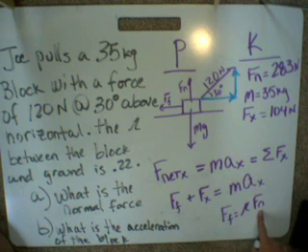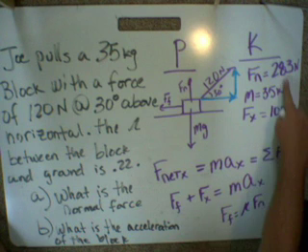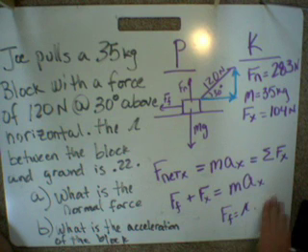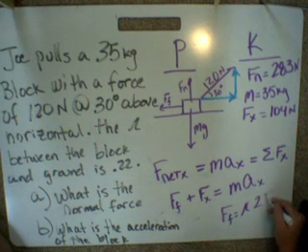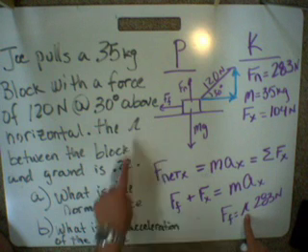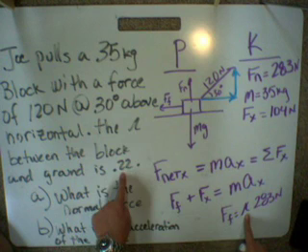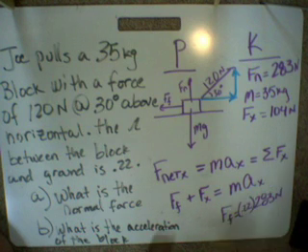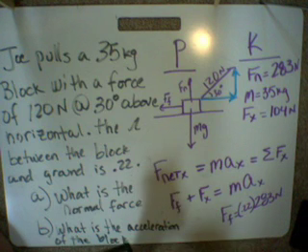Thankfully, we found out what the normal force was in the previous problem. It was 283. So if I replace the normal force with 283 newtons, and I replace the coefficient of friction with 0.22, I should be able to calculate straight out what the force of friction is.